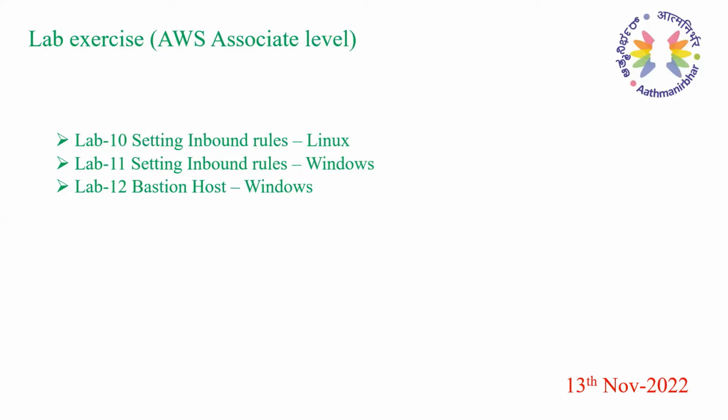One more, we'll be creating another lab, a Bastion host. In this exercise, we'll be creating 3 Windows-based virtual machines. One will be a Bastion host that has got the public IP address, and another 2 virtual machines. One will be a hacker virtual machine, where a hacker will be trying to hack into our private network, corporate network.